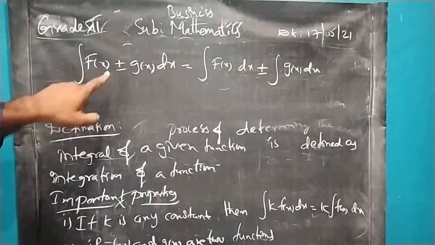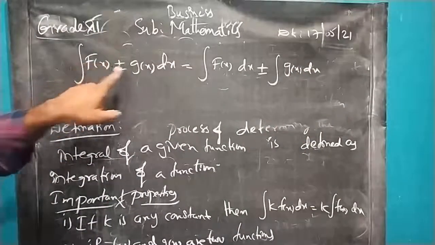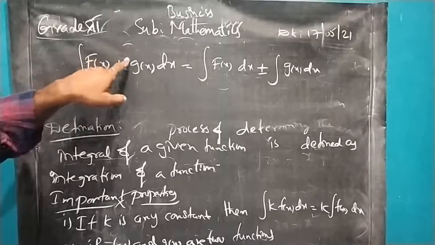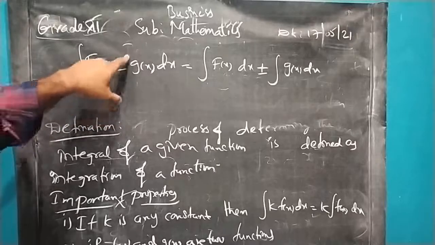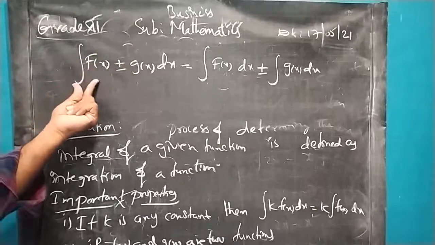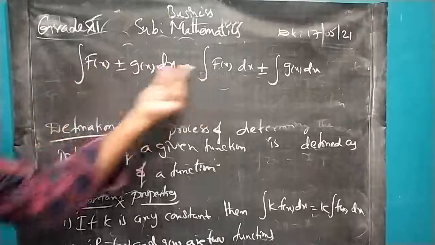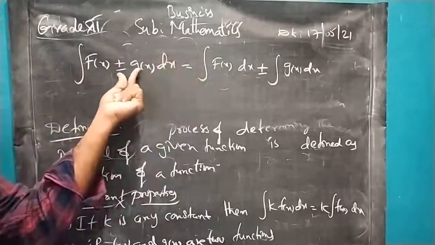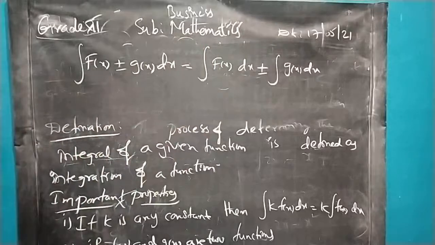Means if there is a sum or difference, then we can write the integration for each one: the integration for the first function f of x as well as the integration for the second function g of x.